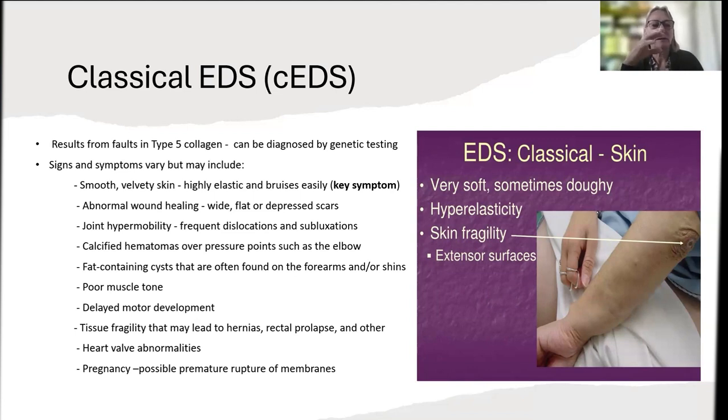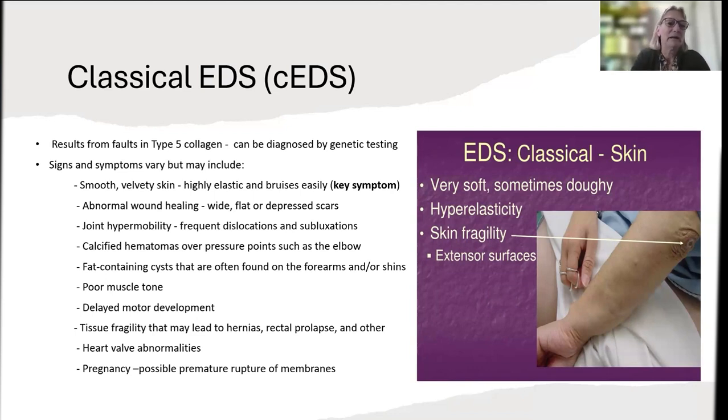So with classical, the skin is the major issue. There's usually joint hypermobility as well, and then you can get these other symptoms associated with it.